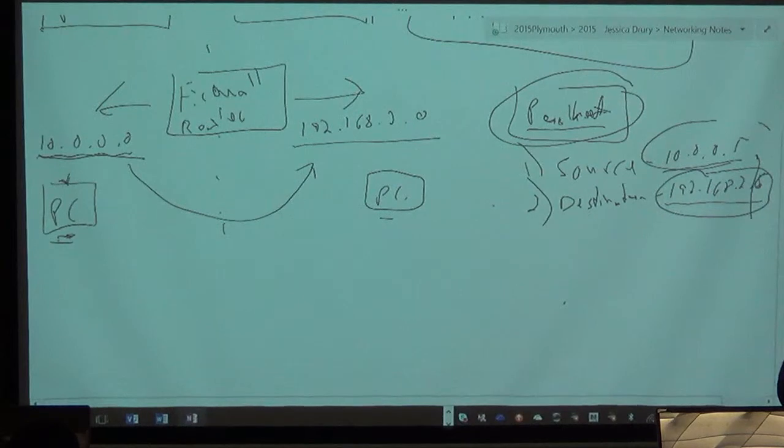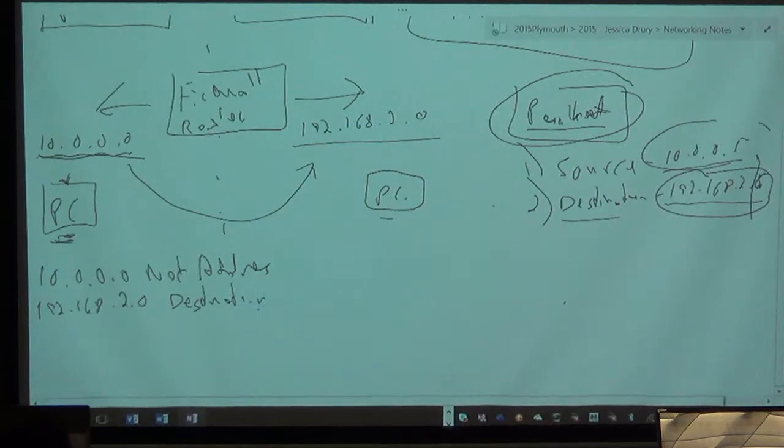Once it finds out the network address, in this particular case, the source is the 10.0.0.0 network address, and the destination is, what's the destination network address for this? Yes, Austin? 192.168.0.0. Very good, because it's a 24-bit subnet mask. So you take off the 5 there, that's the destination.